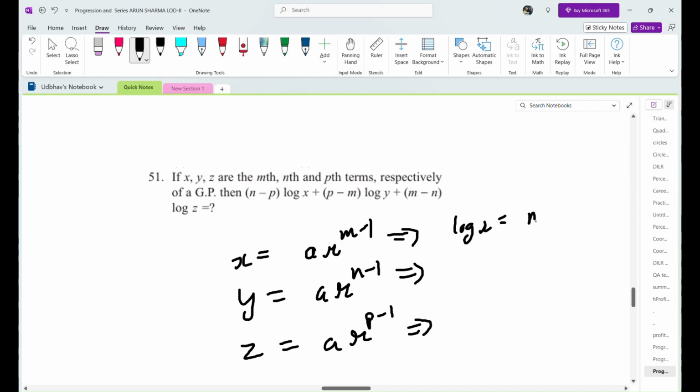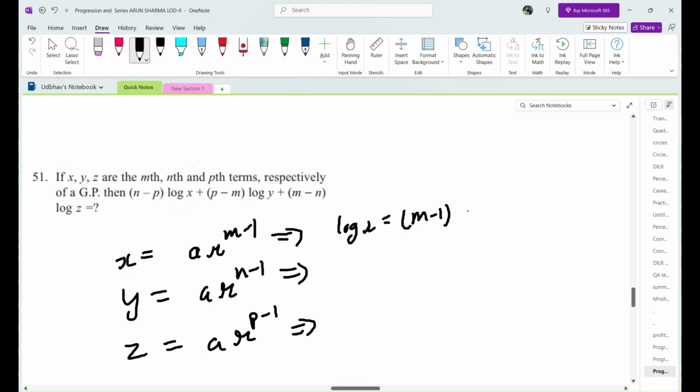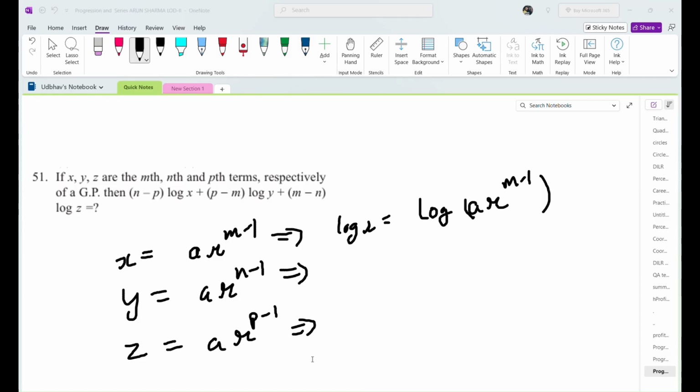Log x equals to log of a r^(m-1), and the property of log: log of a into b we can write as log a plus log b, product rule.